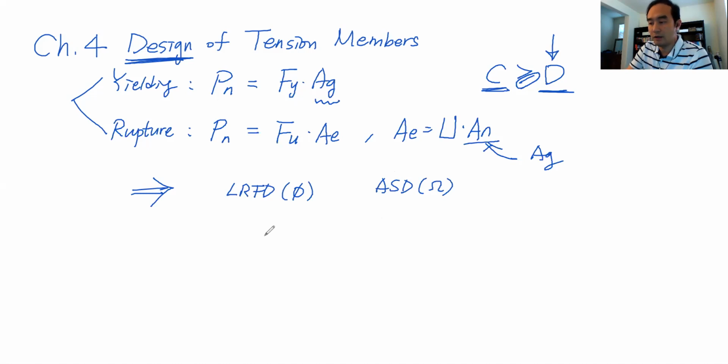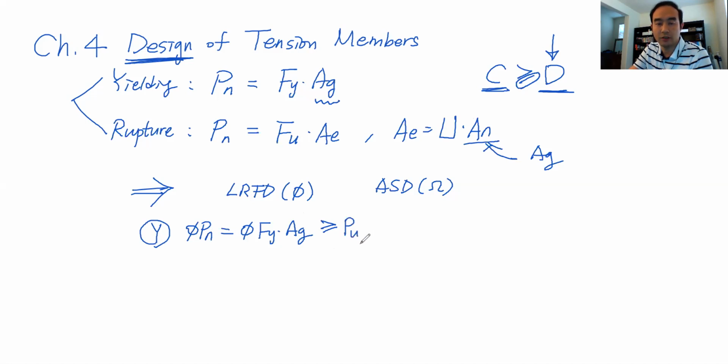So let's look at the LRFD first. The factored capacity using the LRFD method, for yielding, is going to be phi times Pn, which is phi times Fy times Ag. So this is the yielding limit state. This factored capacity should be larger than or equal to our demand, which in LRFD is going to be Pu.